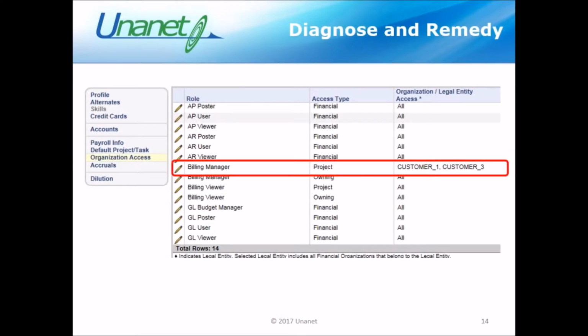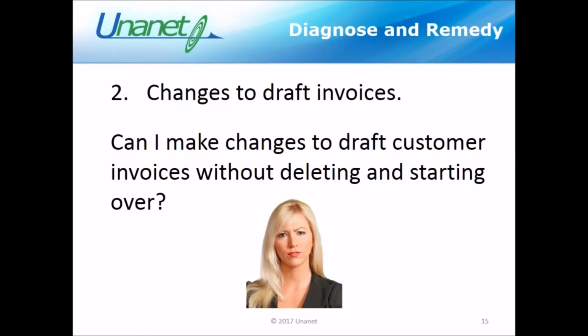For the billing manager role, project, meaning customer access, Sandy only has selected access, so we may need to add a few more customers so that she can successfully perform the duties of her job.